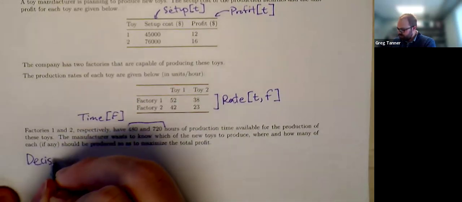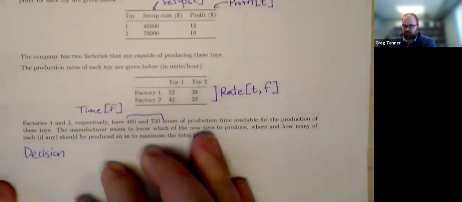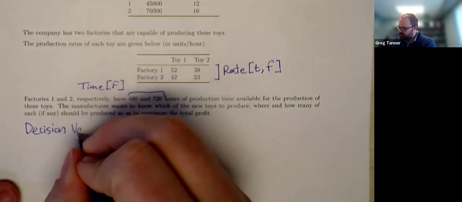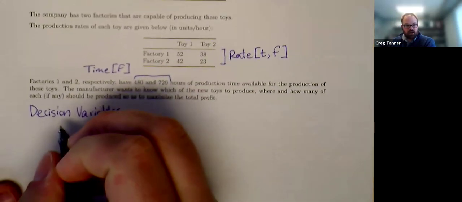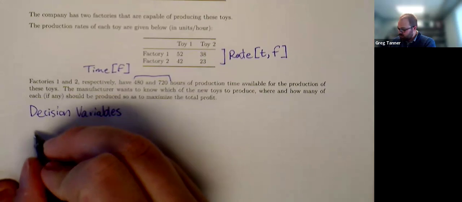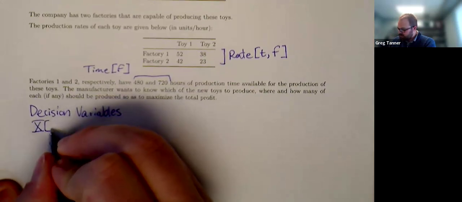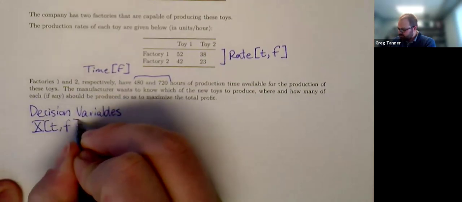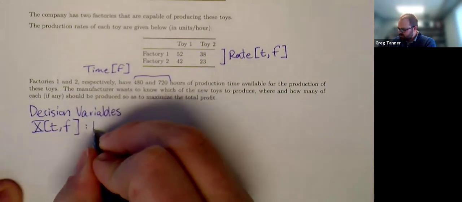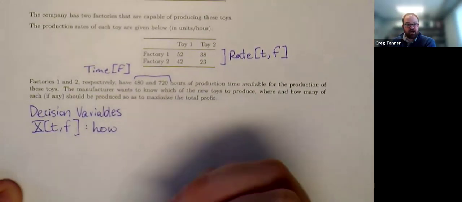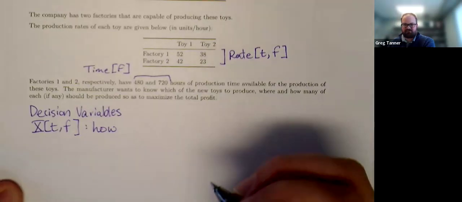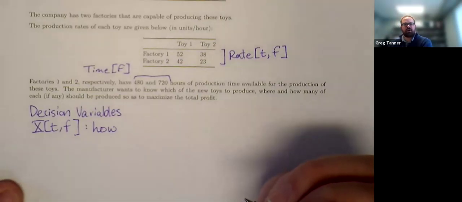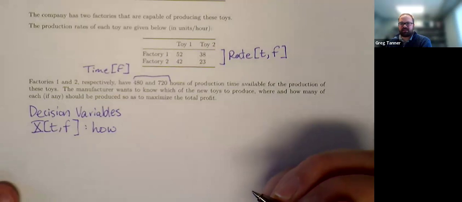We'll have pairs of decision variables working together. So we'll have a decision variable X TF, which is answering the how many. It's going to be a continuous variable. Maybe it should actually be an integer variable, but we'll let it be continuous.